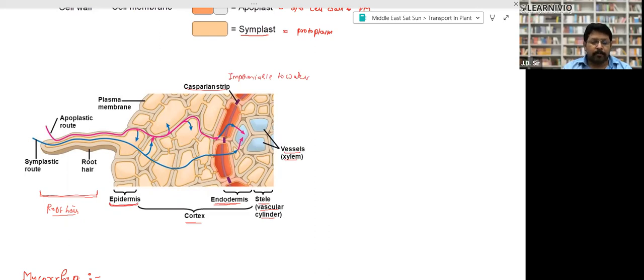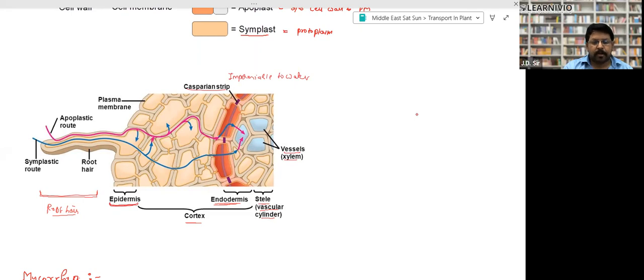So anyhow, whether the water is coming through the apoplastic pathway or symplastic pathway, water has to enter inside the protoplasm of the endodermis, and here it has to follow symplastic pathway. In the endodermis, it has to follow the symplastic pathway. Apoplastic pathway is not possible in the endodermal region. The rest of the cells, it may be symplastic or apoplastic, right? Then it goes to the vascular bundle.